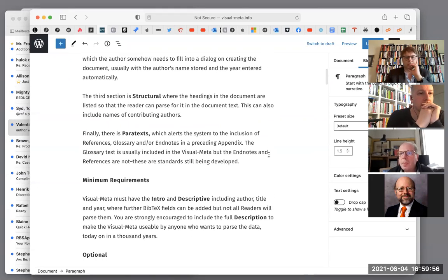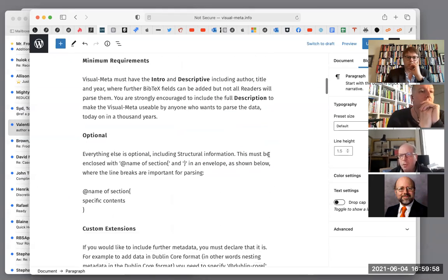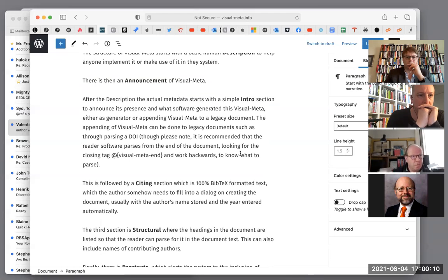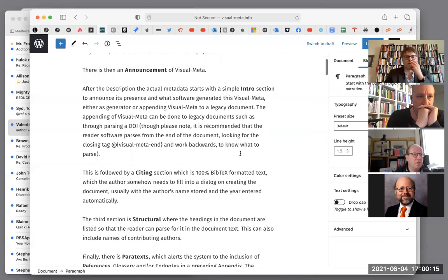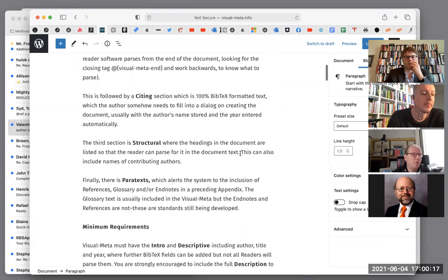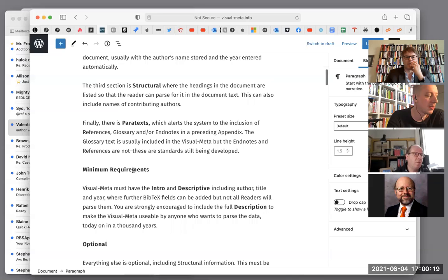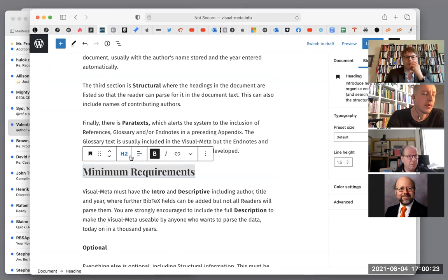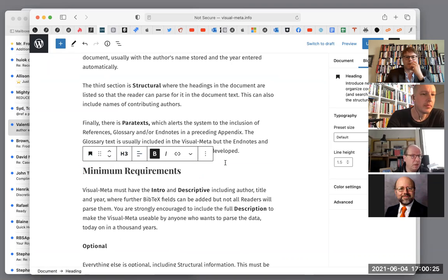So minimum requirements wants to be a different heading level to optional, the custom extensions. You need to separate that off from the bit before, because what you're now referring to is the section above. And as it flowed down the screen, I thought it all rather ran together. So it wasn't signposting to me as a new reader that I'm now stepping out of that first section and now reflecting back upon it.